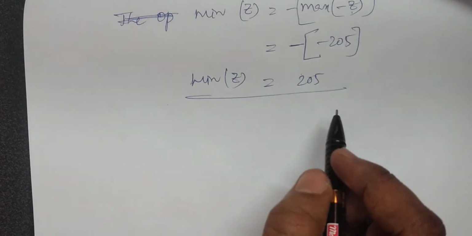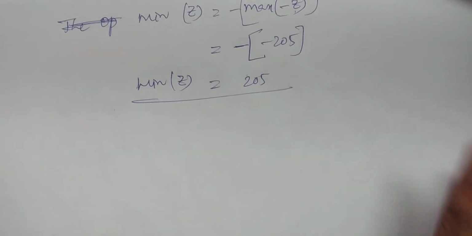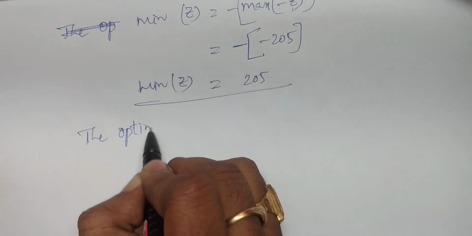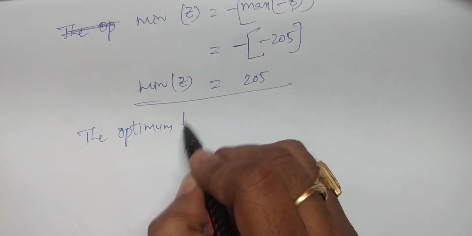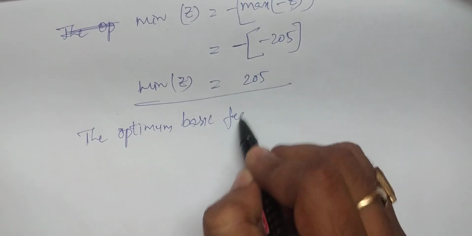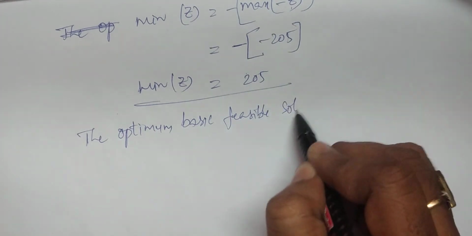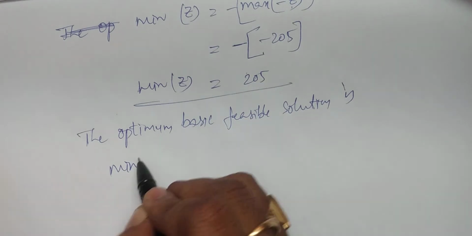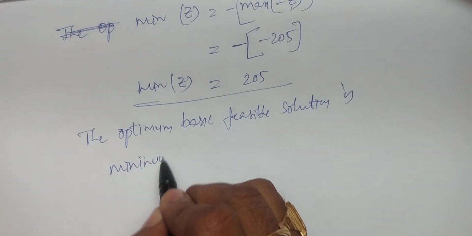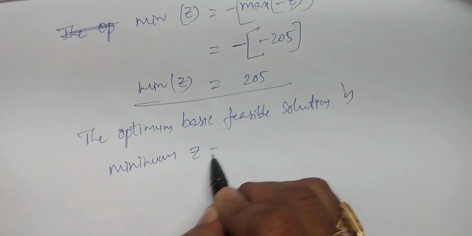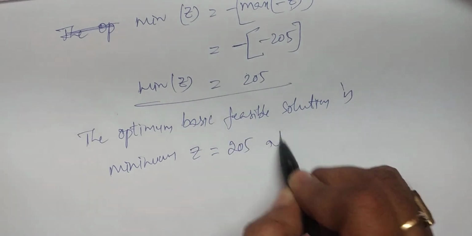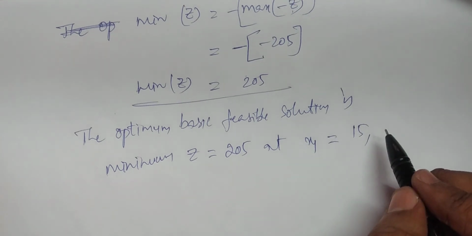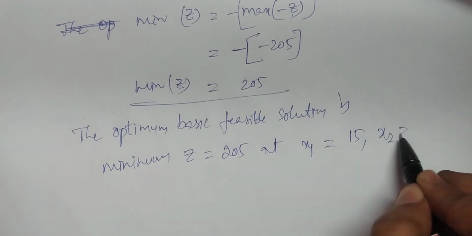Now you can write your answer. The optimum basic feasible solution is: minimum value of Z is equal to 205 at x1 is equal to 15, x2 is equal to 5 by 4.